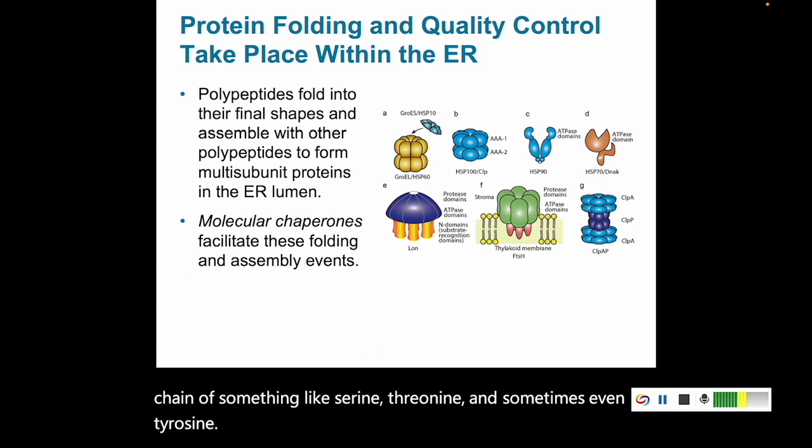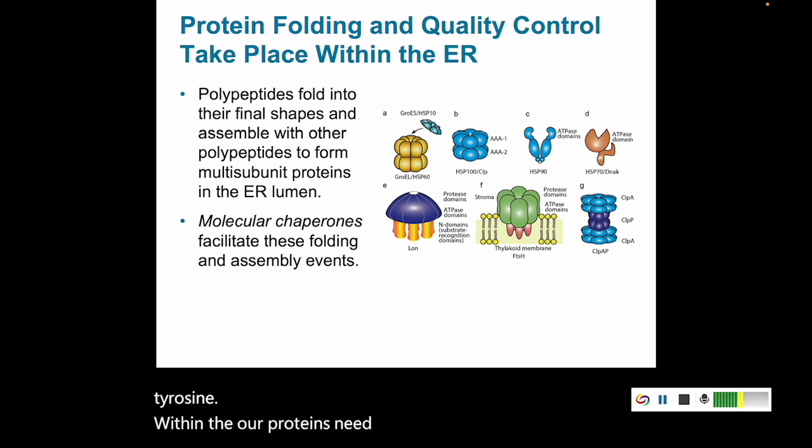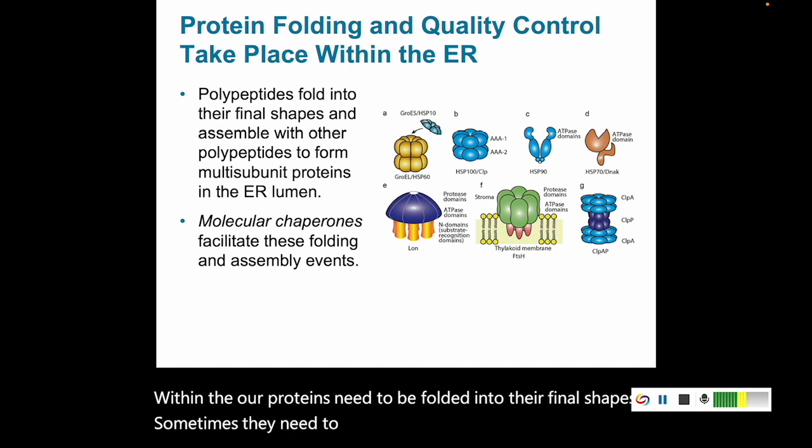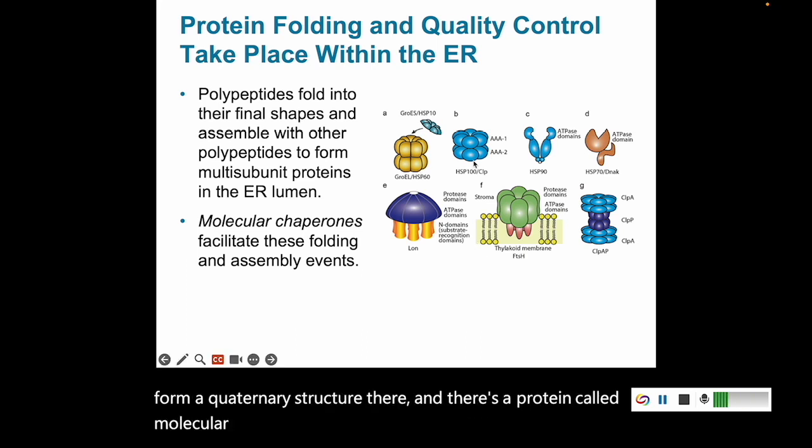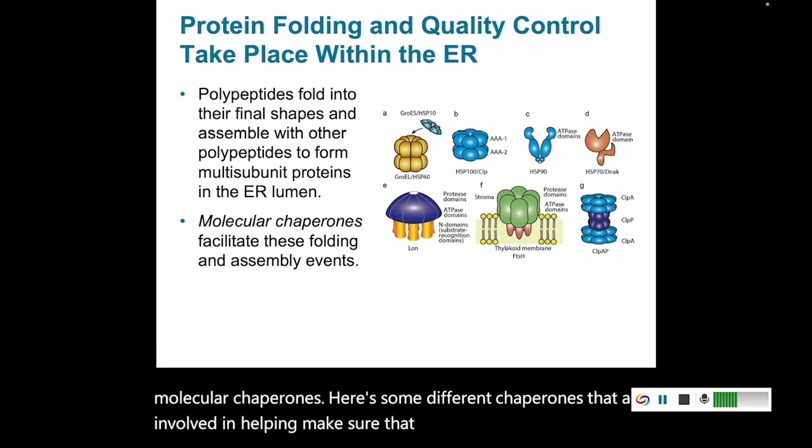Within the ER, our proteins need to be folded into their final shapes. Sometimes they need to assemble with other polypeptides to form a quaternary structure there. And there's a group of proteins called molecular chaperones. Here are some different chaperones that are involved in helping make sure that those proteins are properly folded.